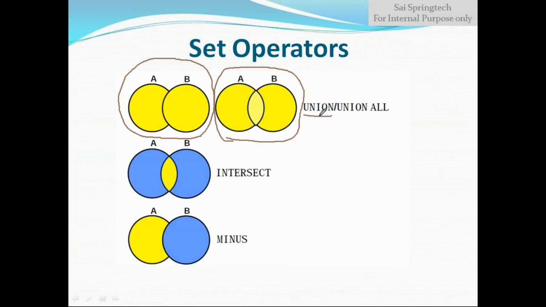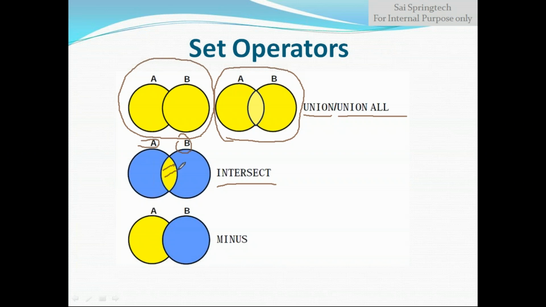When I'm using union, it gives me rows from both queries after eliminating duplicates. If I'm using union all, it gives me the rows from both queries, including all duplicate rows. Now, what is intersect? Intersect gives me rows that are common to both queries. This is my A query, and then I have a B query.